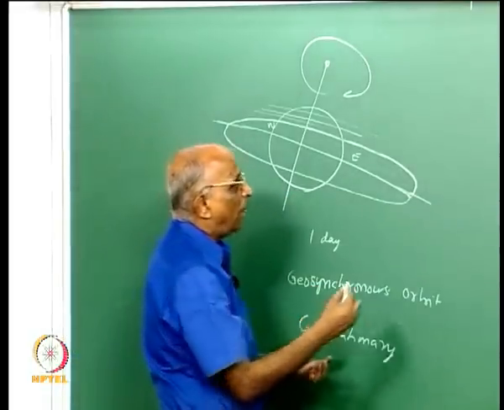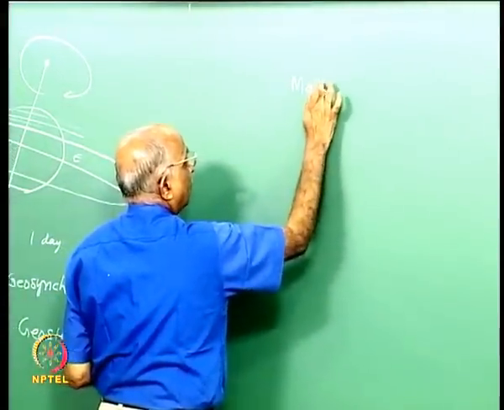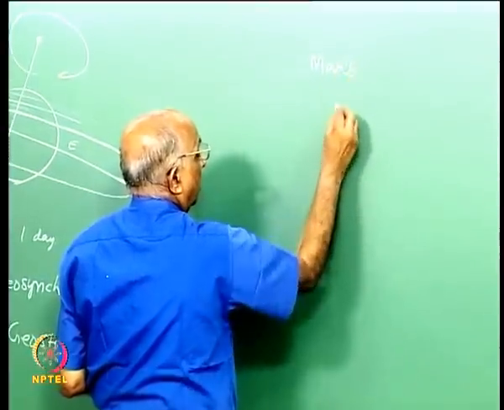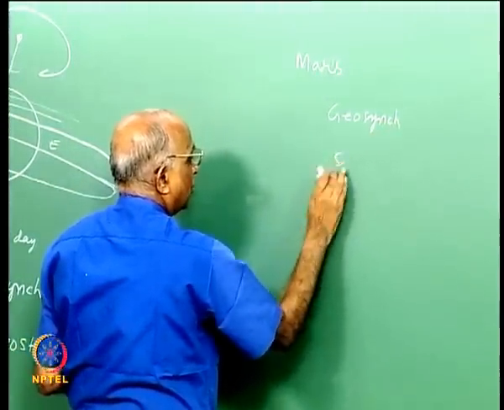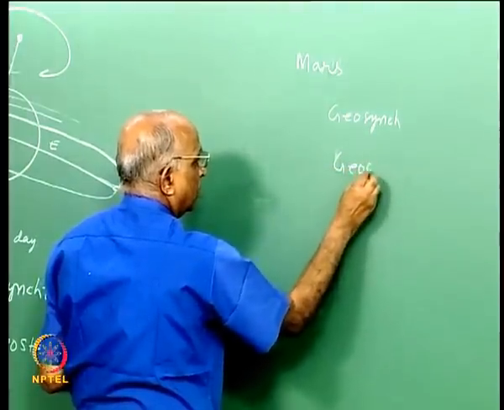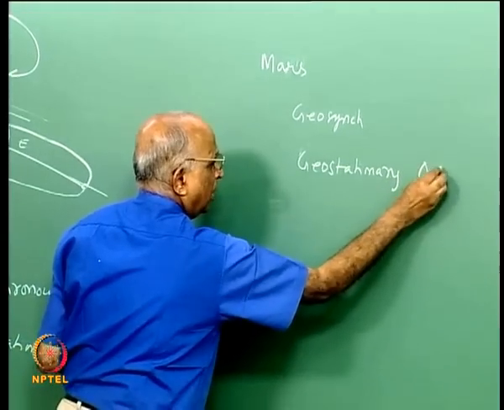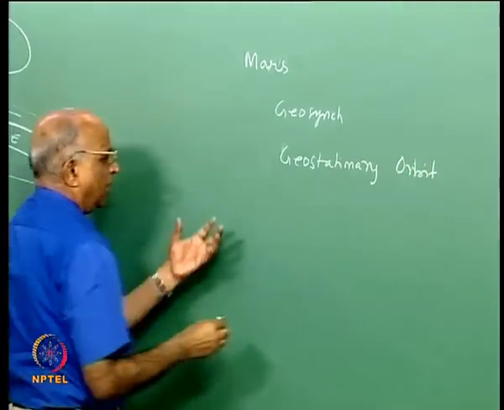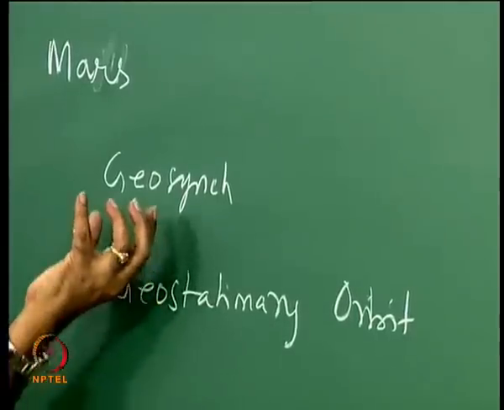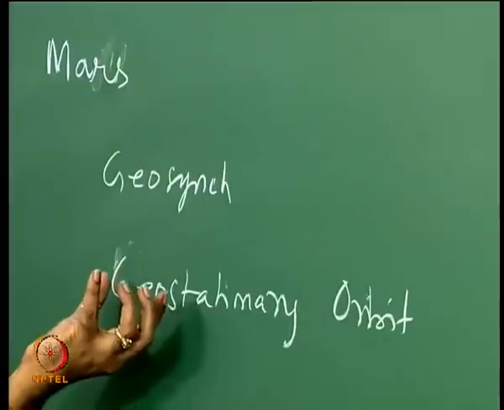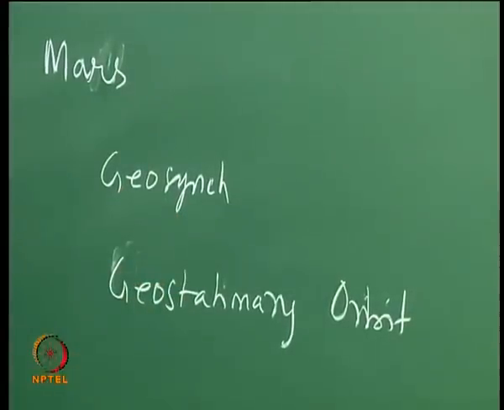For instance, for Mars we could have a geosynchronous and a geostationary orbit. Any heavenly body which rotates, we can always have a satellite moving around it, in geosynchronous or geostationary orbits.